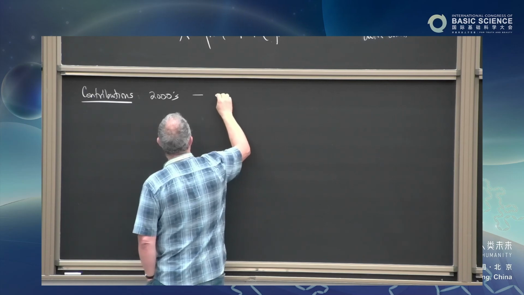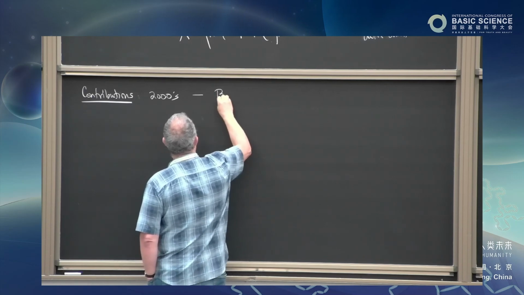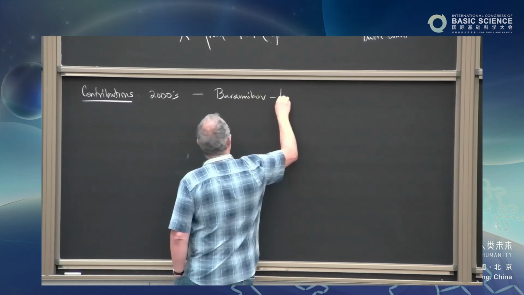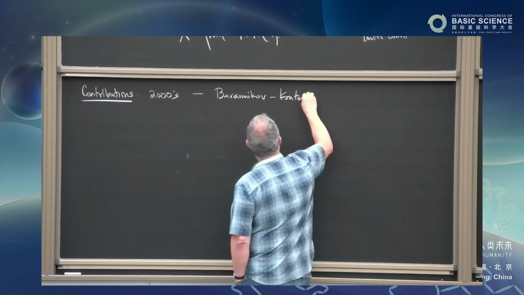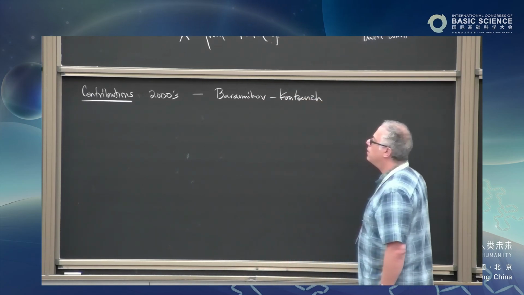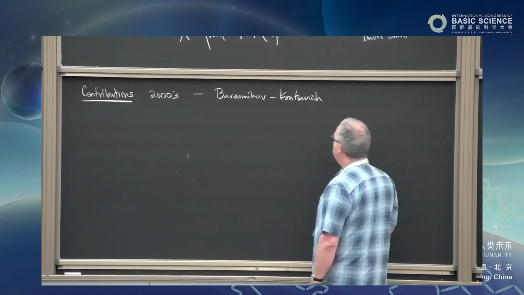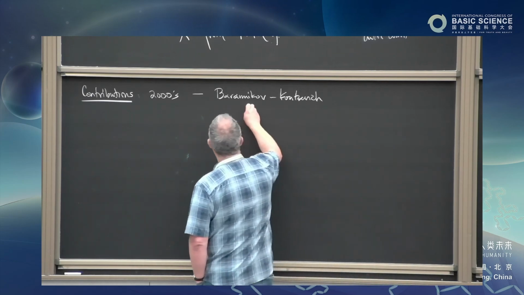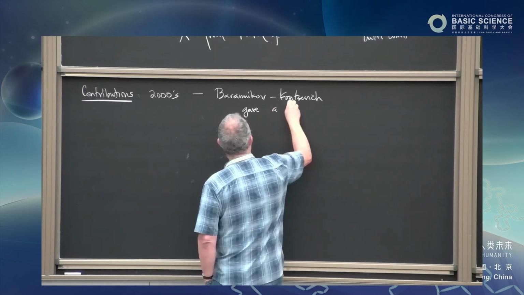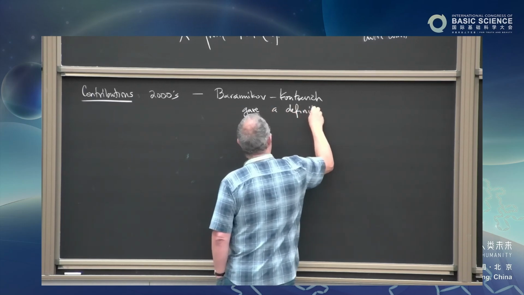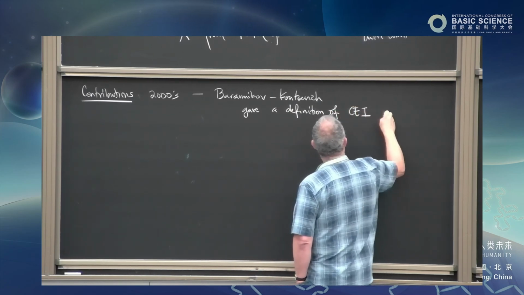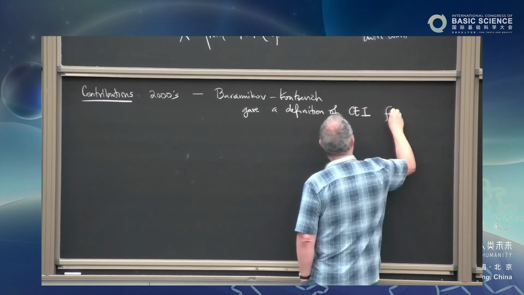First of all, Barannikov-Kontsevich gave a definition of these invariants that works for genus 0.